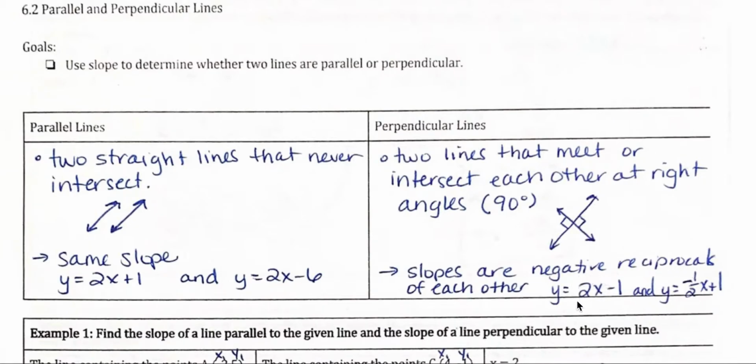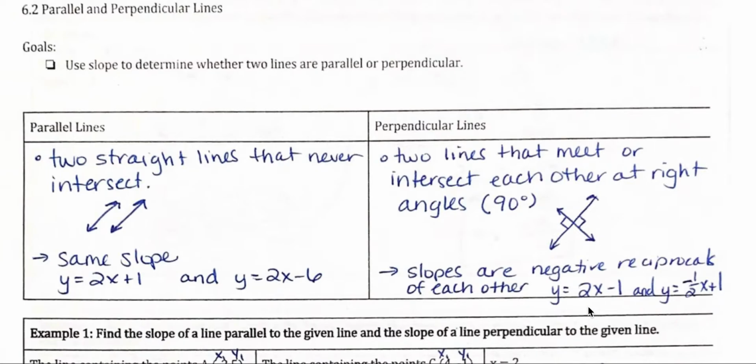So for instance, if I have this slope 2, in this equation, y equals 2x minus 1, the slope is 2. If I wanted to find a line that is perpendicular, or to check to see if a line is perpendicular, I would need the negative reciprocal of this. So remember, there's a denominator here that's kind of hiding. If you don't see it, there's a 1 underneath.